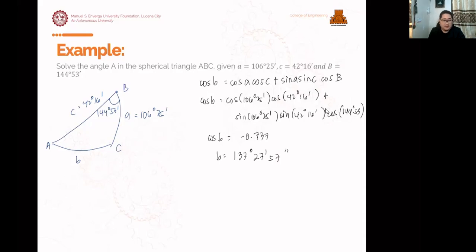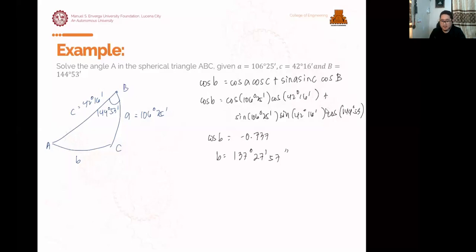Ngayon, kung meron na tayong side B, okay, may side B na tayo. Meron tayong angle B, meron tayong side A, wala tayong angle A, pwede natin gamitin ngayon si sine law na. Okay, once na na-identify na natin si B. Pero pwede din natin gamitin si cosine law pa din, ano?